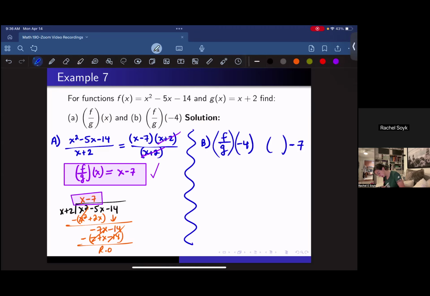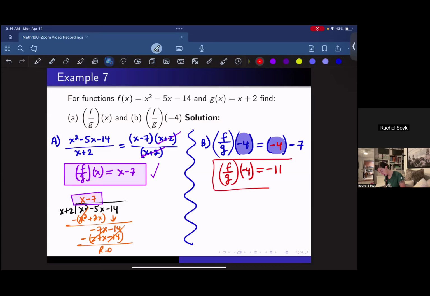And then inside those parentheses, I'll do some color coding so you can really see what we're doing. We're going to fill that parentheses with our -4 value. And then we'll solve. -4 minus 7 gives us -11. So our final result is f divided by g evaluated at -4 is simply -11. And we're done.